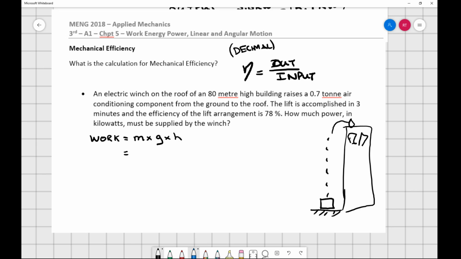So 0.7 tons is 700 kilograms, times 9.81 meters per second squared, times my height of 80 meters, and that gives me a work of 549,360 joules.